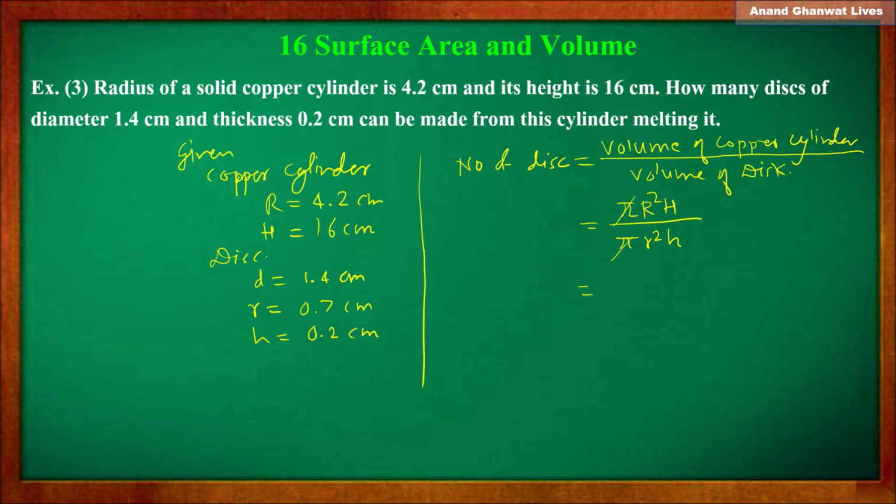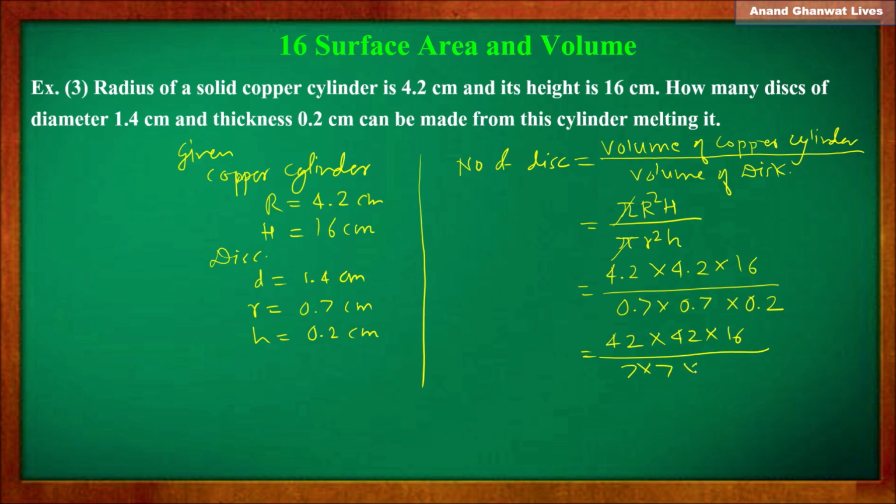So r square, that is 4.2 into 4.2, into h, which is 16, upon r square, that is 0.7 into 0.7, into 0.2 as h. So now cancel the one decimal with one decimal, that is 42 into 42 into 16 upon 7 into 7 into 0.2.